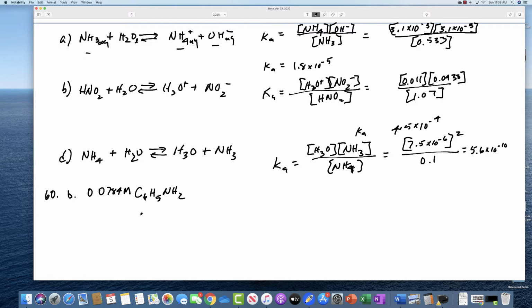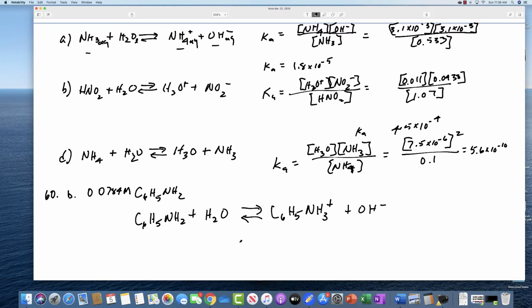So what this tells you is when you write the ionization equation here, when it's added to water, a hydrogen is going to go from water to form C6H5NH3 plus OH minus.